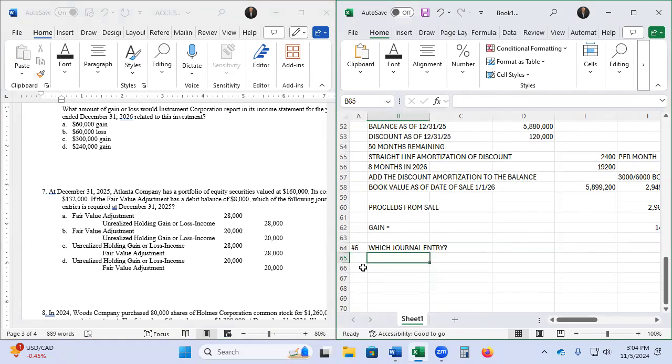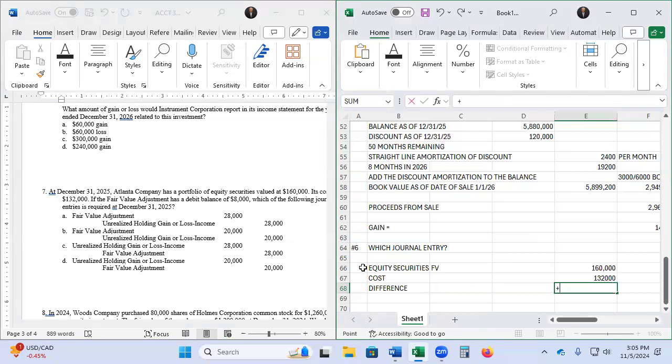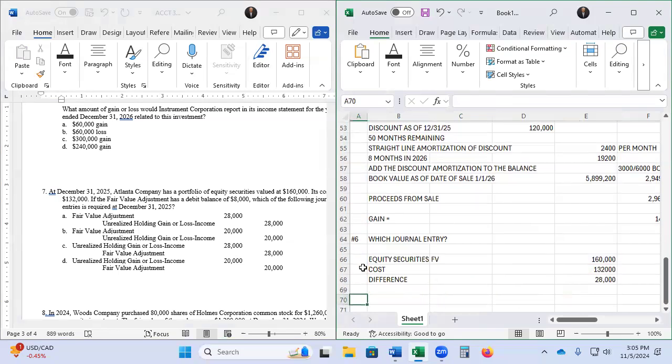Okay, so it's asking which of the following journal entries. And so we have to look and say, okay, we have equity securities, fair value 160,000. The cost 132,000. So the difference is 28,000.